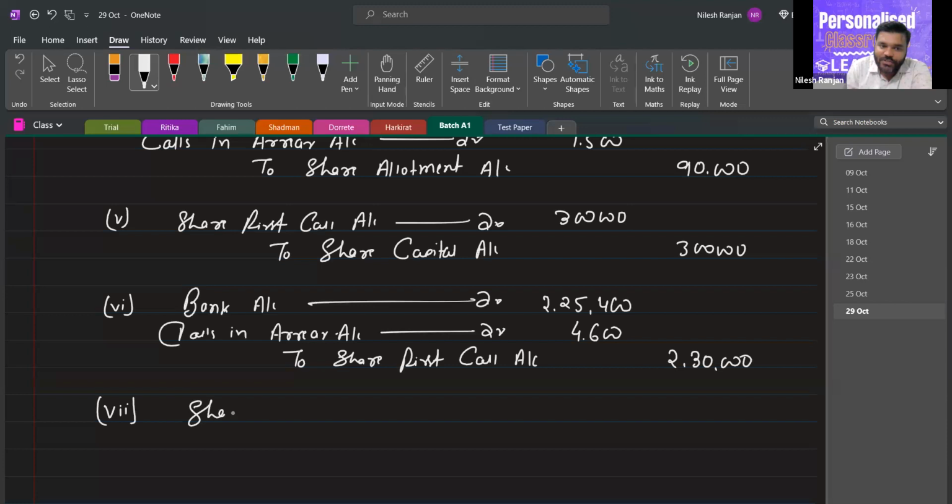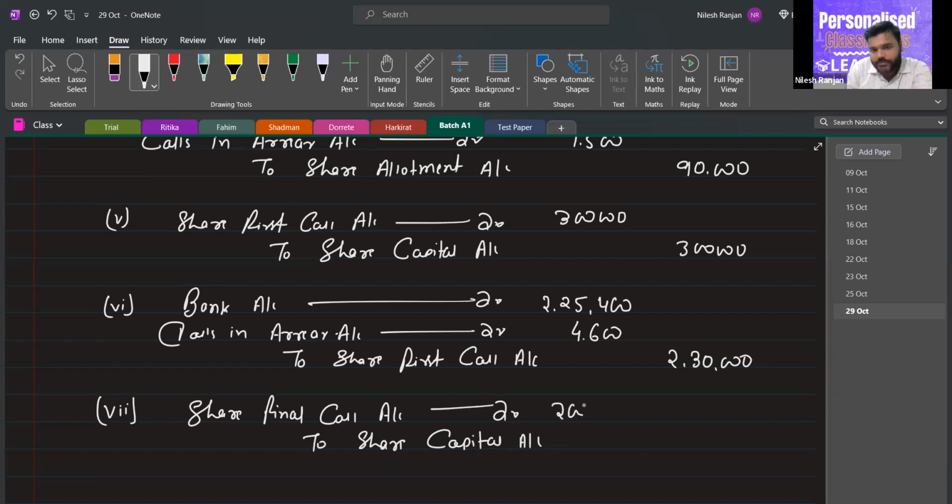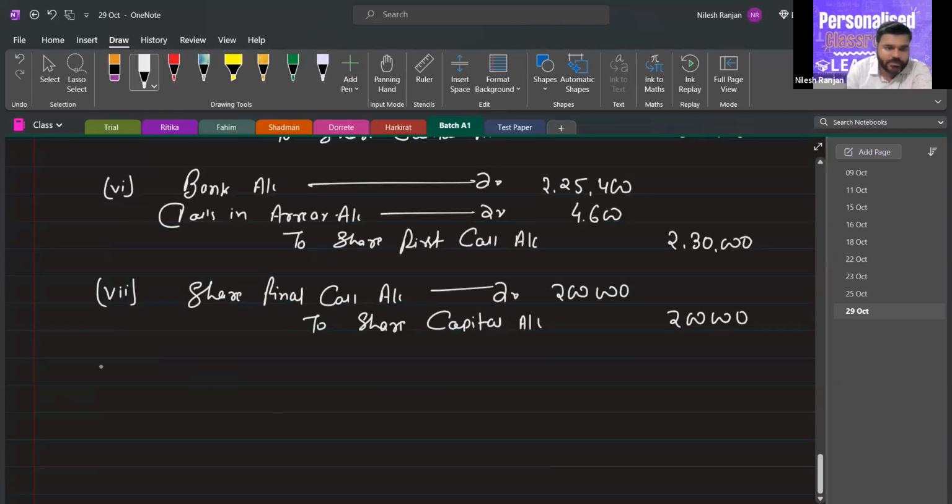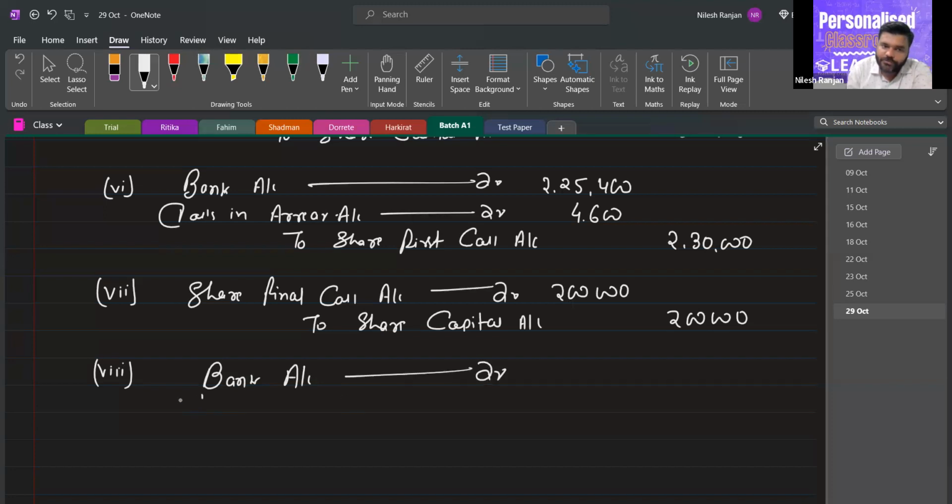So the next is share final call account debit to share capital. So it will be 1 lakh into 2, 2 lakh here. Now, can you tell me the next amount, Fahim? Next entry amount. I'm writing the entry. Just tell me the amount.